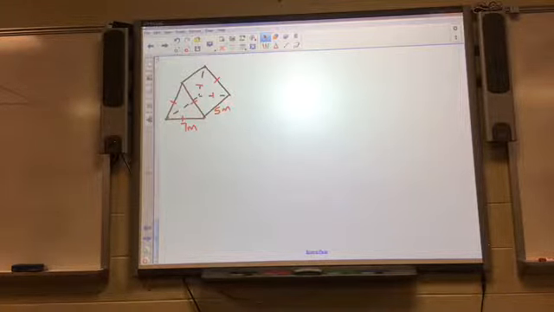Okay. Is this a right or oblique triangular prism? Right. It's a right triangular prism. Everything's pretty straight on it.